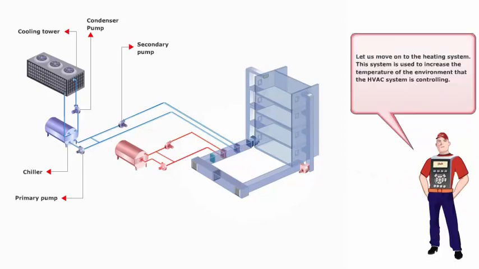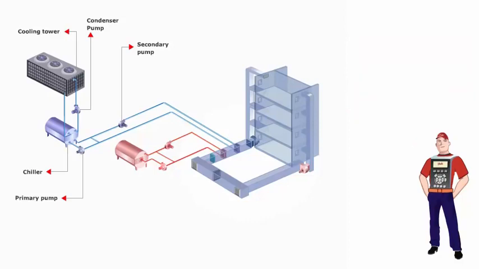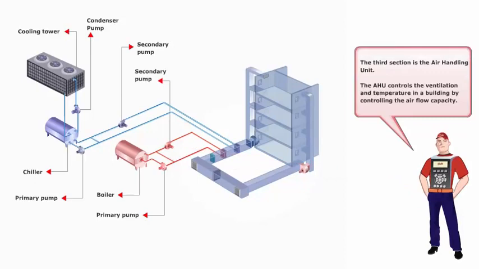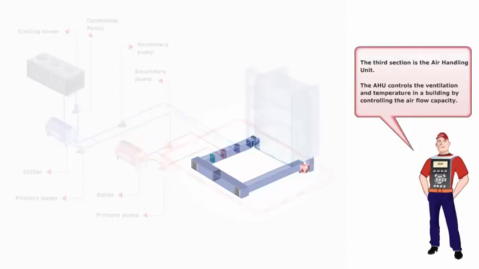Let us move on to the heating system. This system is used to increase the temperature of the environment that the HVAC system is controlling. The components of the heating system are boiler, primary pump, secondary pump. The third section is the air handling unit.